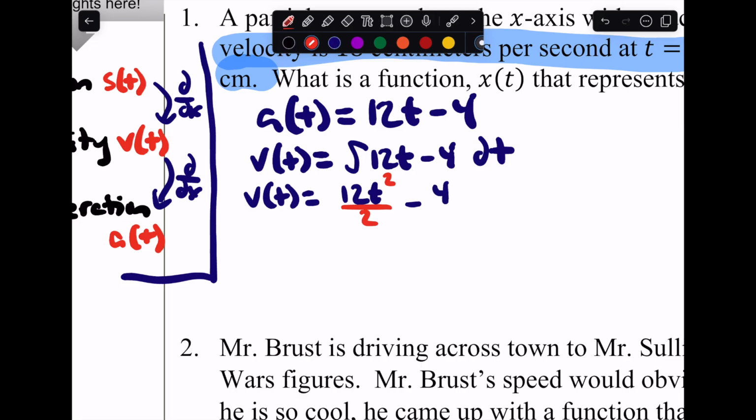There is no t, so we end up with t to the 1, and we divide by that exponent of 1. Since we are finding an indefinite integral, we need a constant of integration, plus c. In order to move forward, though, I do want to find that plus c that we've got.